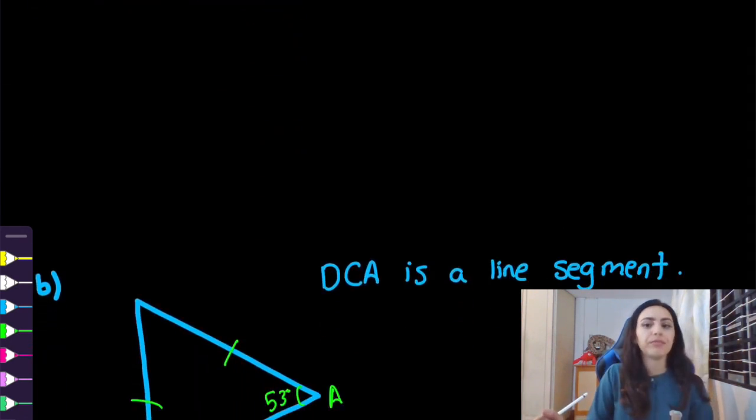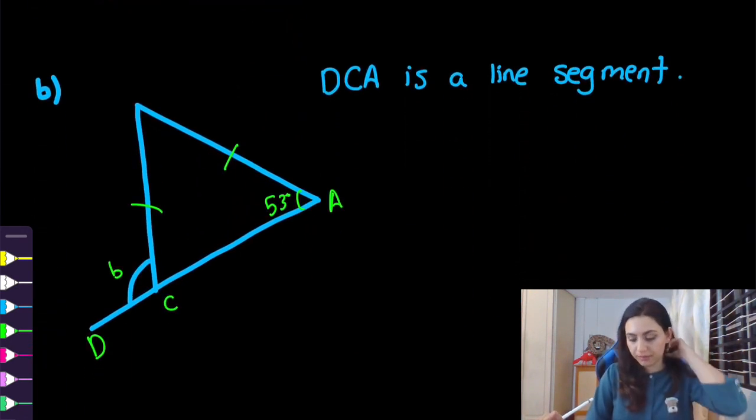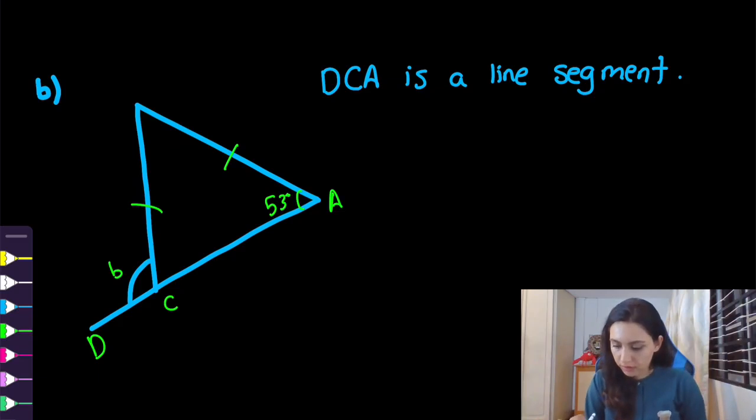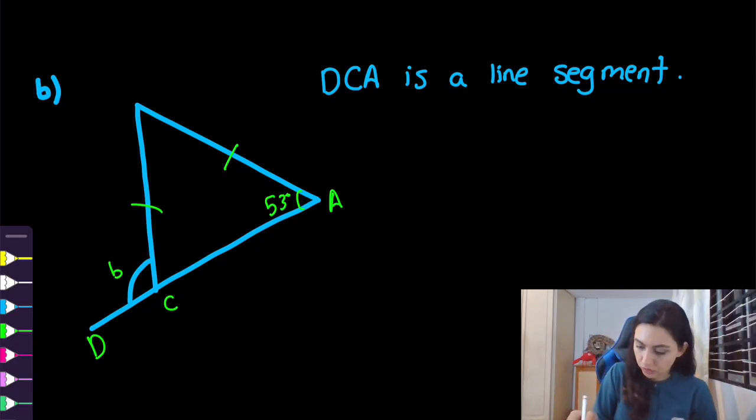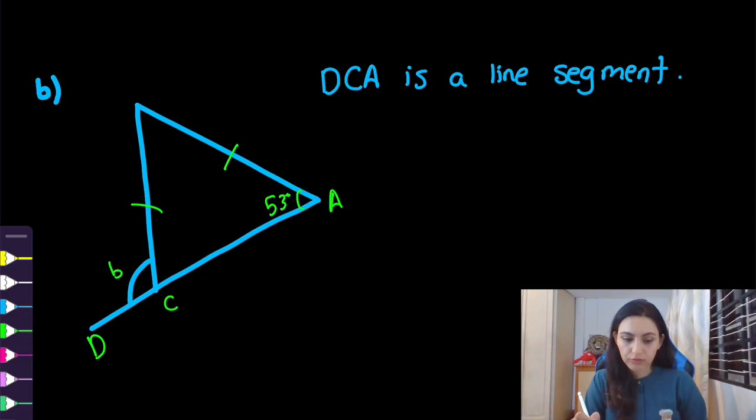What about B? B looks a bit complicated. So DCA is a line segment, as I talked to you about that. What else do we know? One angle is 53. B, we don't know. We're trying to find.